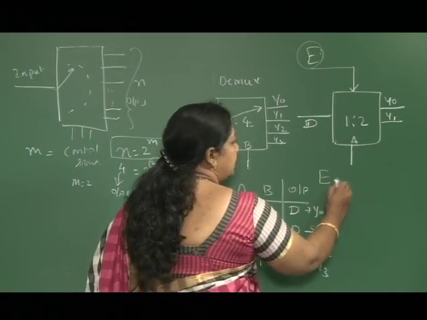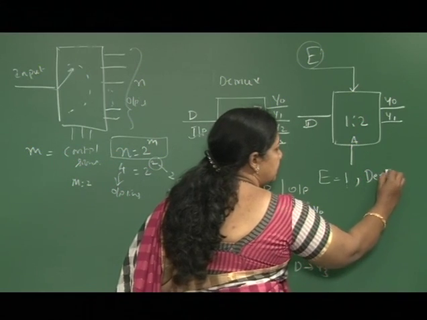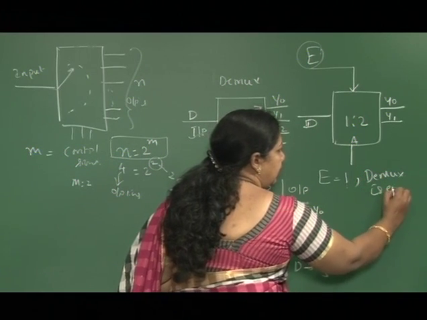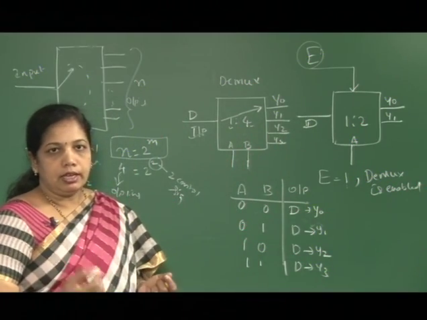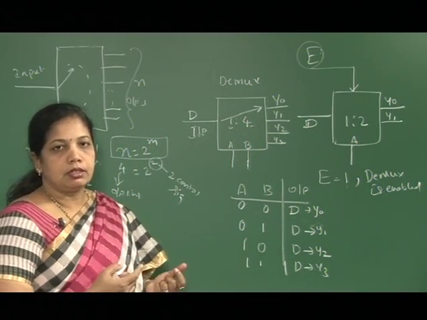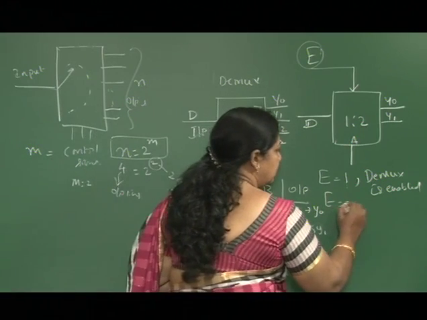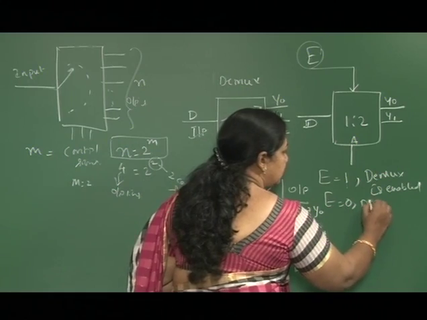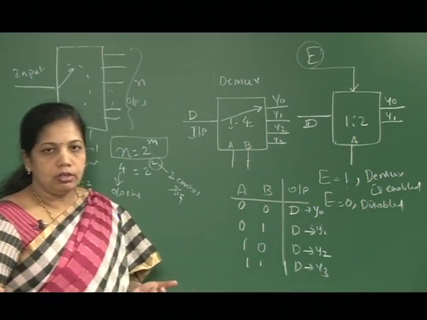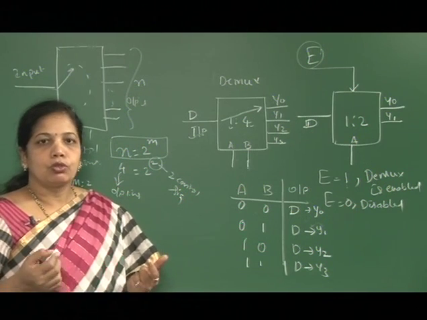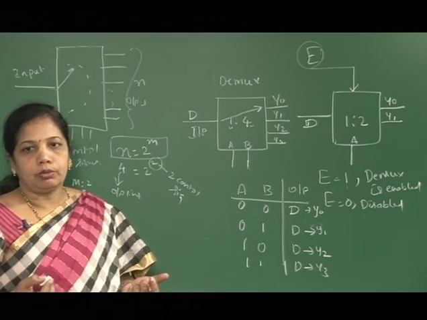Whenever the E pin is 1, the demultiplexer is enabled. Whenever enable is 0, it is disabled. No matter what input you give, whenever the enable pin goes low, your output is disabled and you don't get any output.